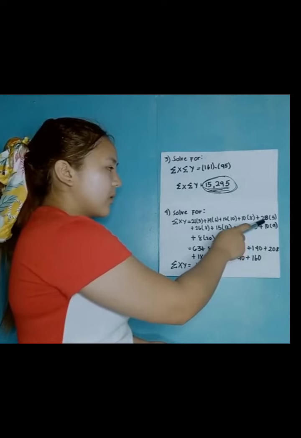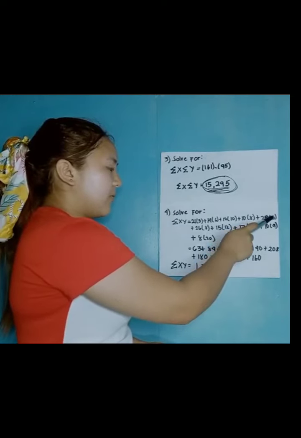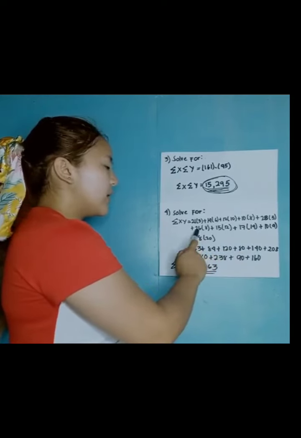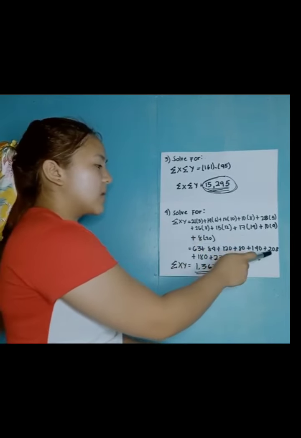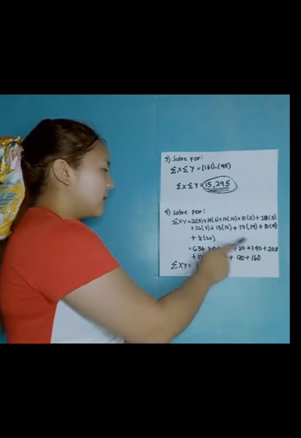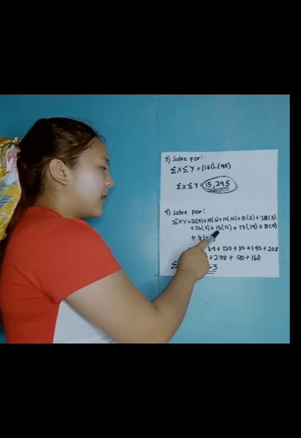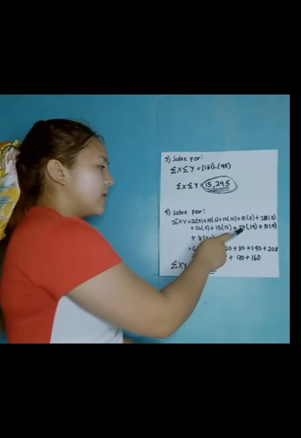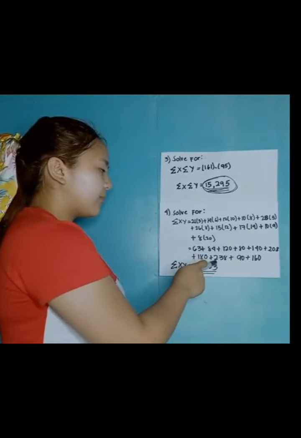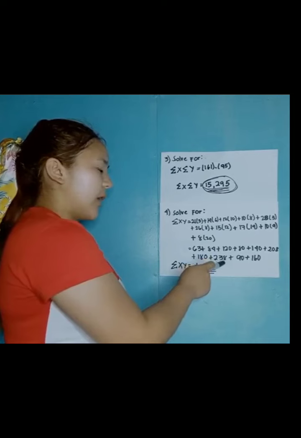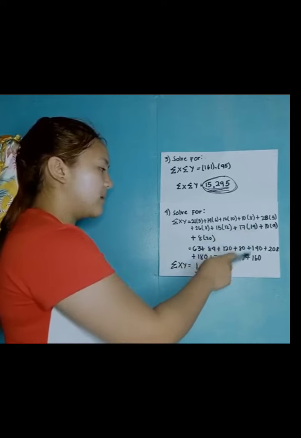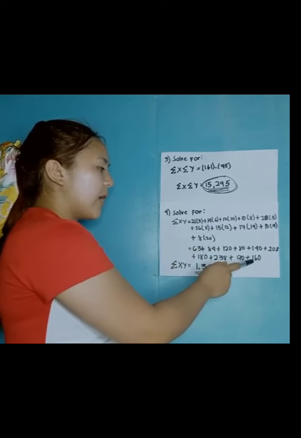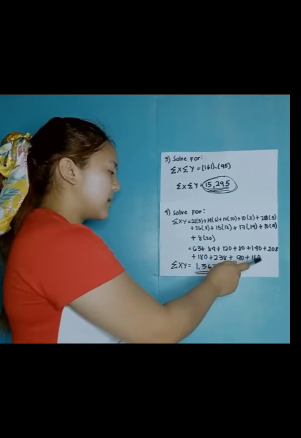Plus 25 times 5 is 125, plus 26 times 8 is 208, plus 15 times 12 is 180, plus 17 times 14, 238, plus 10 times 9, 90, and the last is 8 times 20 equals 160.